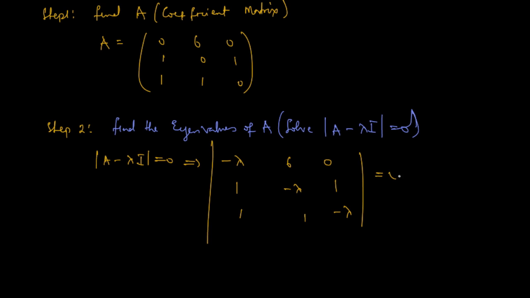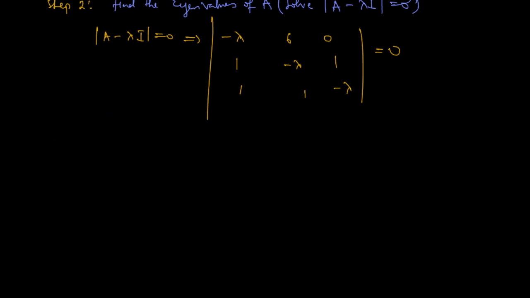Then this equals 0. So we want to solve this equation here. By the time we find the determinant of this 3 by 3 matrix, what we would obtain is lambda cubed minus 7 lambda minus 6 equals 0.